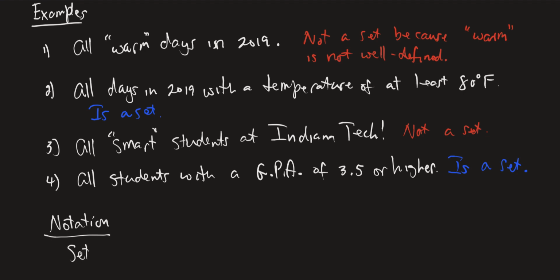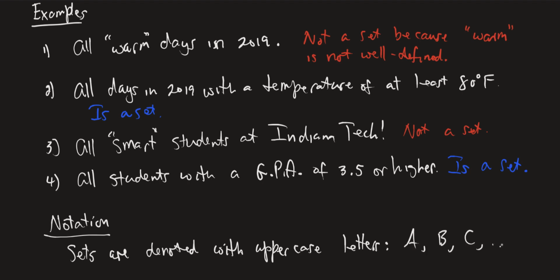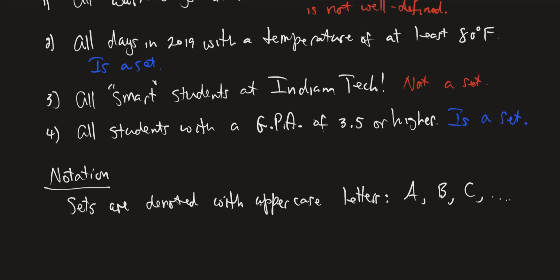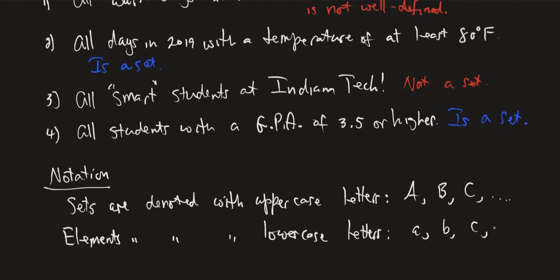Sets are denoted with uppercase letters, like A, B, C, etc. And elements of the sets are denoted with lowercase letters, like a, b, c, and so forth.